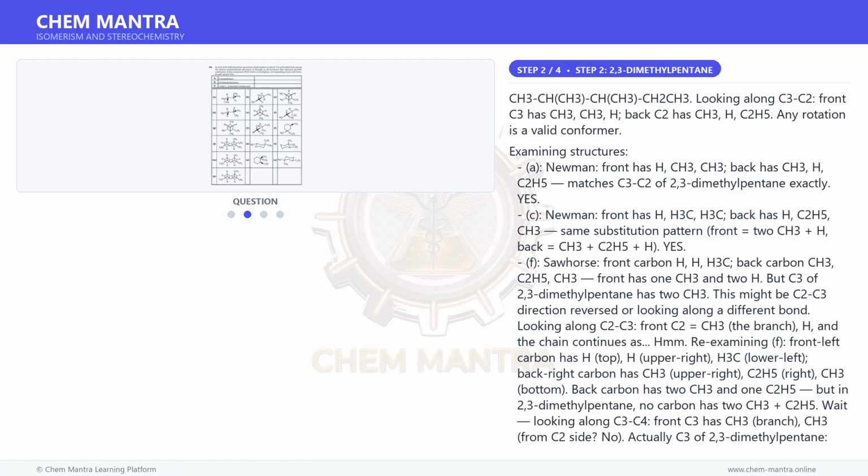But if we look along the C3, C2 direction, front C3 is CH3 branch, plus H, plus the chain to C4 as C2H5.